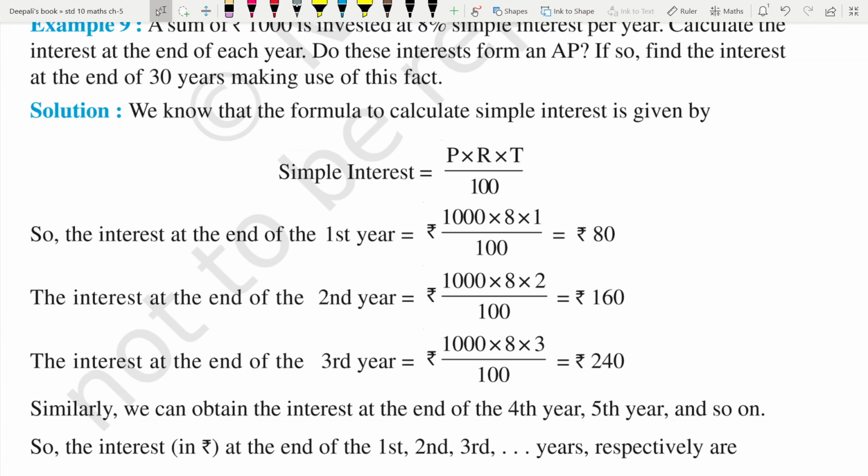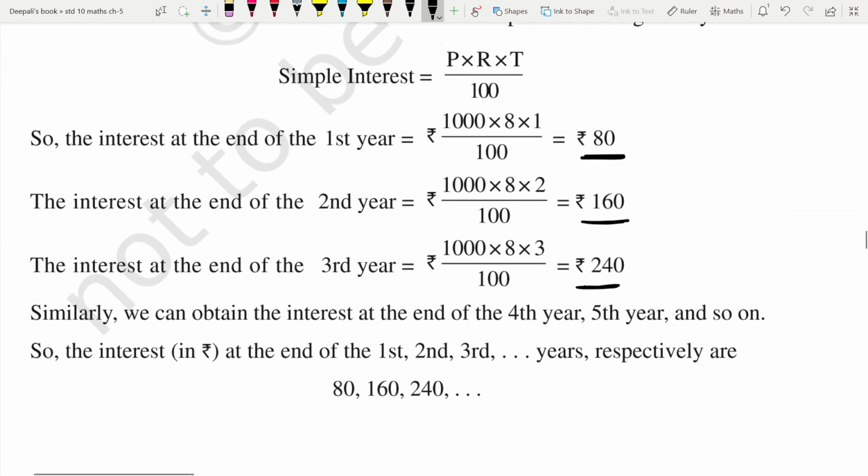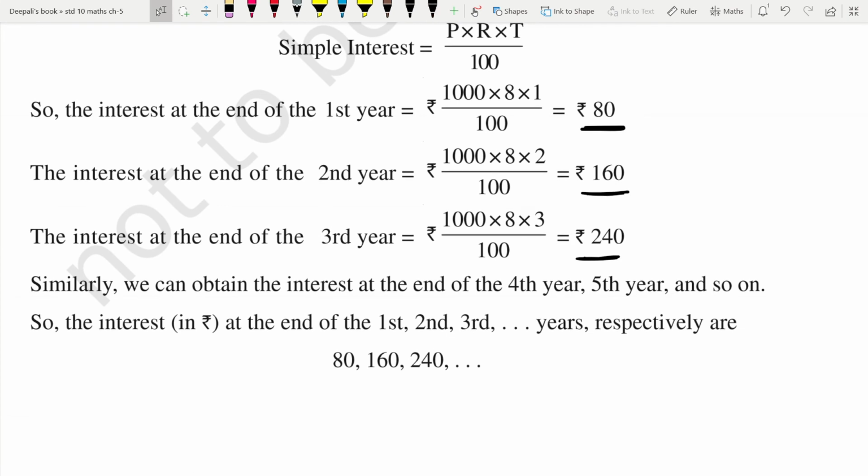We know that the formula to calculate simple interest is given by PRT upon 100. Now here for the first year, you replace the values in the formula, you get 80. For the second year, you get 160, and for the third year, you get 240. By getting the values for the first, second and third year, I can easily say that my A is equal to 80.